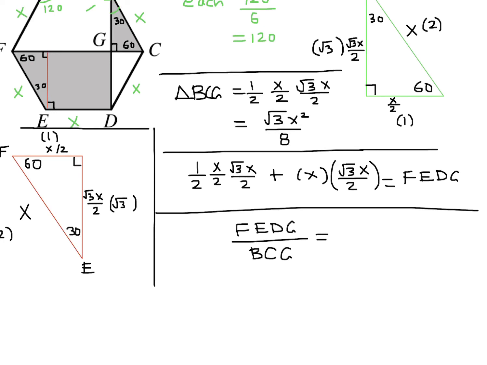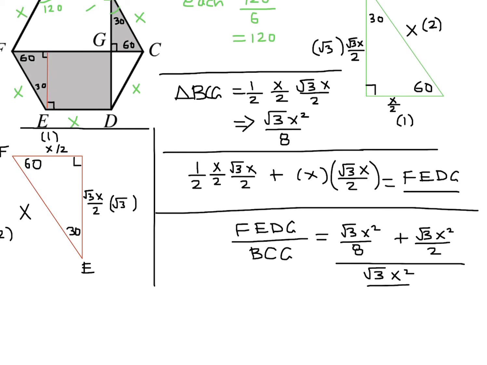All right, the top is going to be, we've got it right here, root 3x squared over 8 plus root 3x squared over 2. Okay, and then BCG is right here, this guy, root 3x squared over 8.